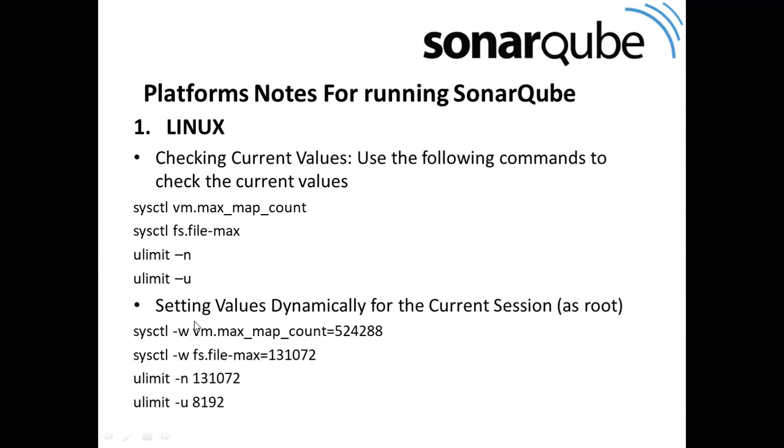After that, if you have to set the values dynamically for the current session as root, you use the same commands and give the specific number. Same commands: sysctl -w vm.max_map_count equal to 524288, like that.